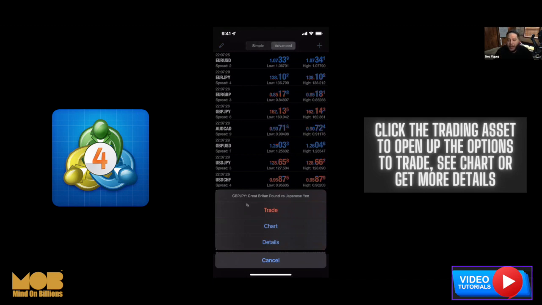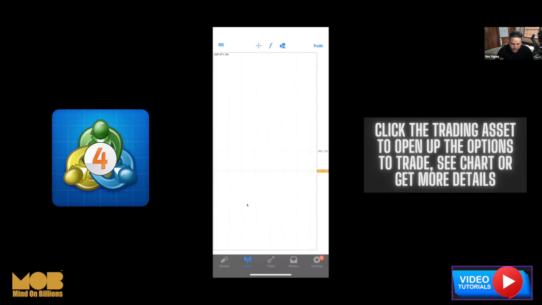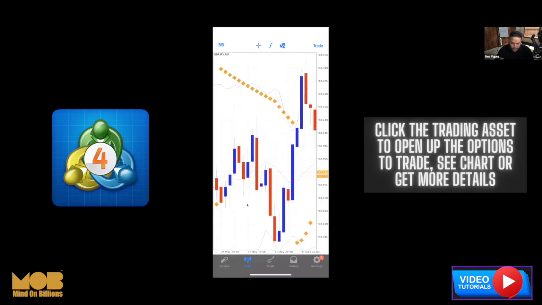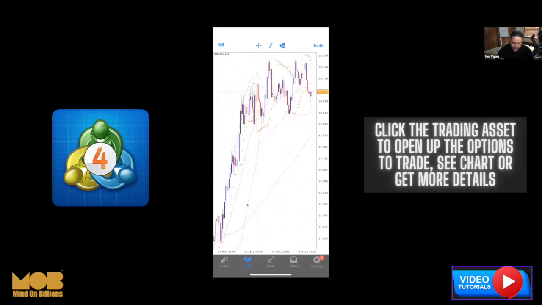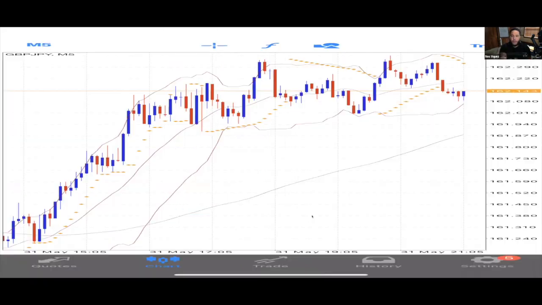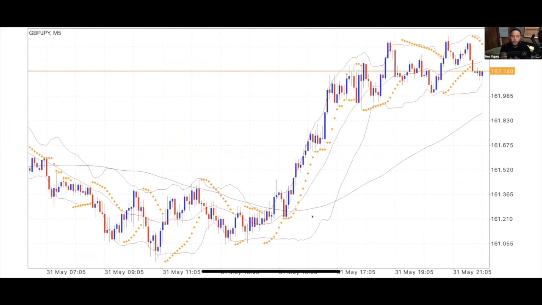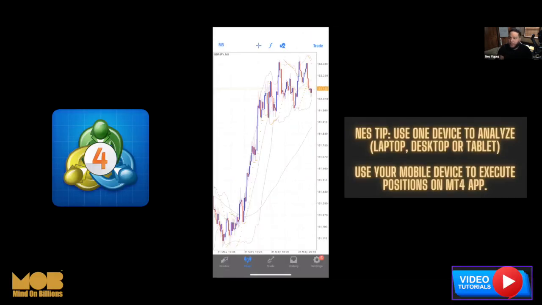So let's just say I want to trade on GBP JPY, and let's say I want to look at the chart first. Now, you can view the charts on MetaTrader either in the portrait screen way, or if you rotate your phone, you're going to see the full screen version of it. What I find for me is that it is probably better to log in through the MetaTrader website on the web.